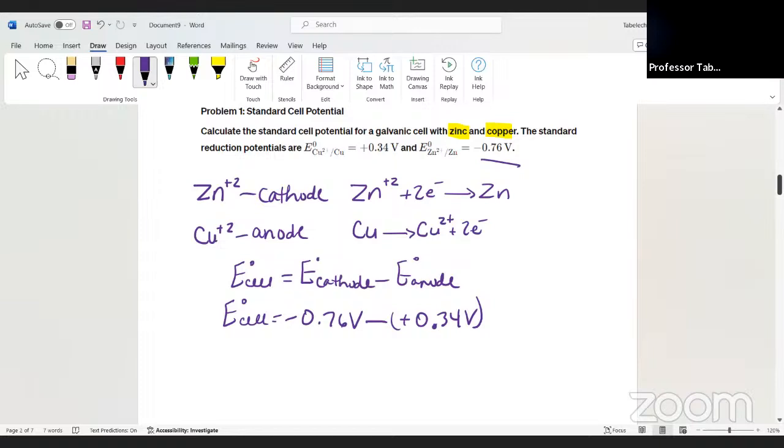Negative 0.76 minus a positive 0.34. That's going to give you negative 1.1. So the E cell is equal to negative 1.10 volts.